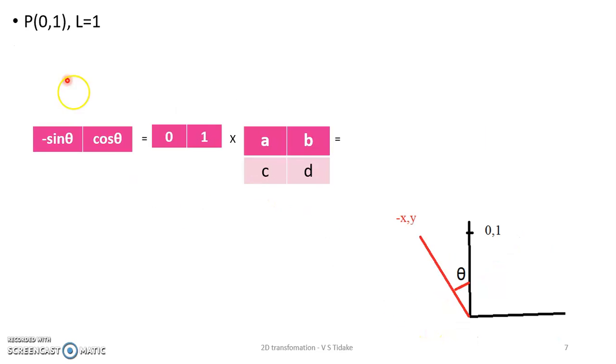Similarly, if we consider the point P 0, 1, which will be plotted here, then the length of this line is again 1.